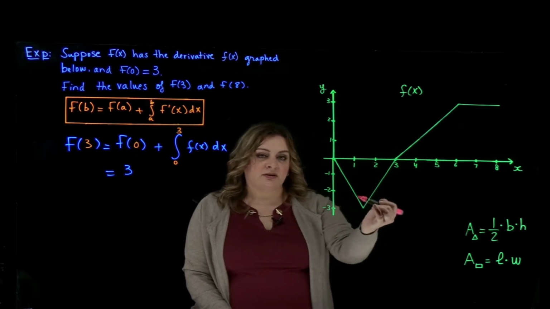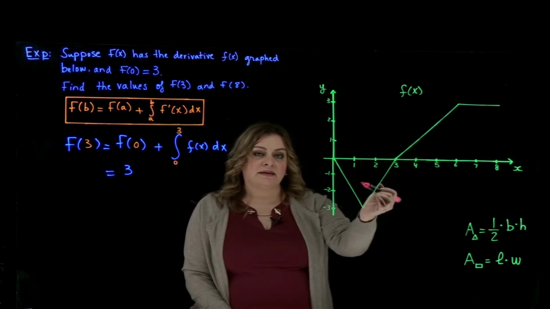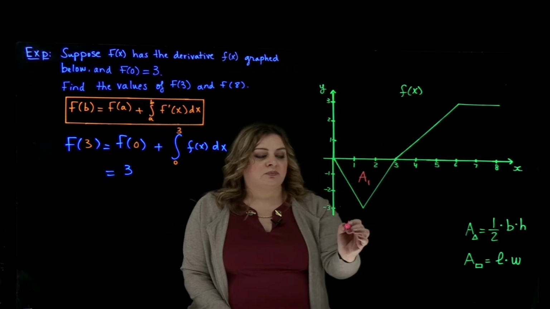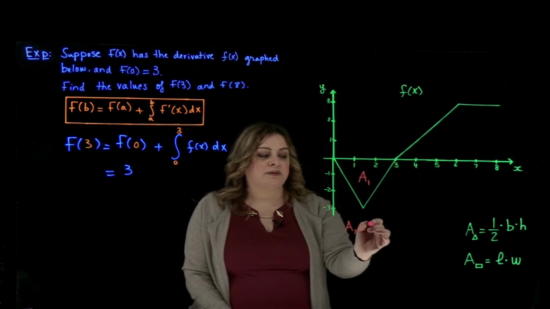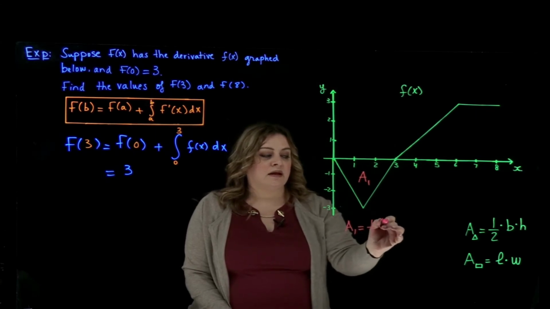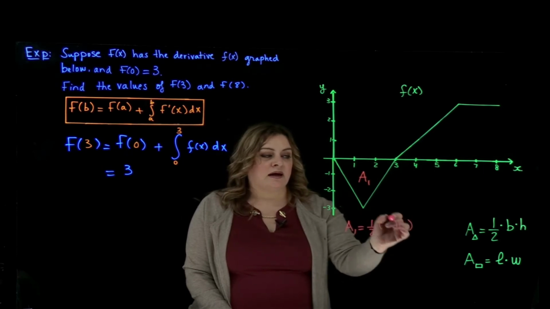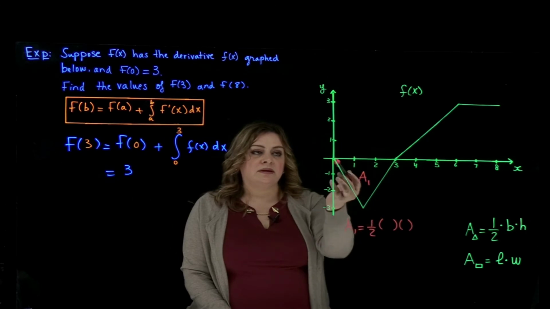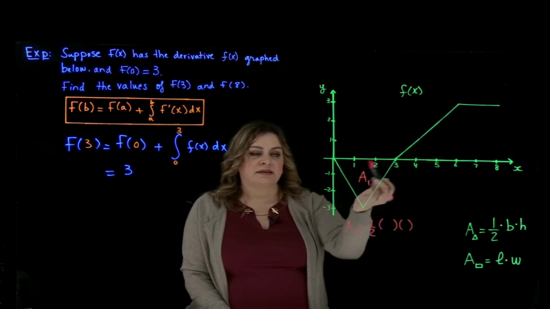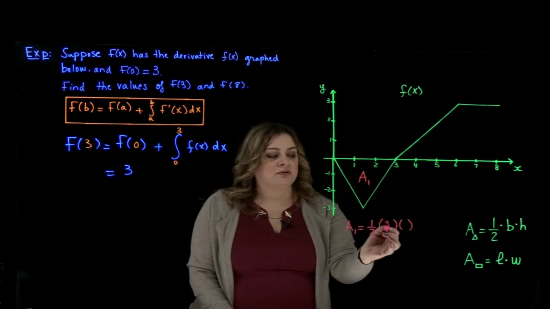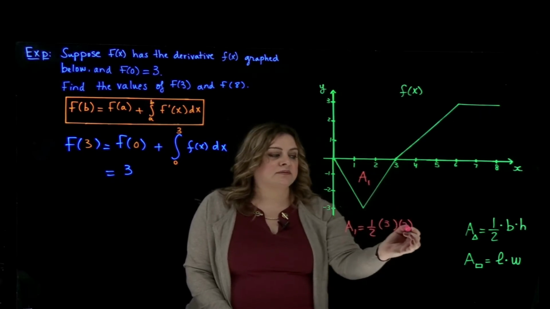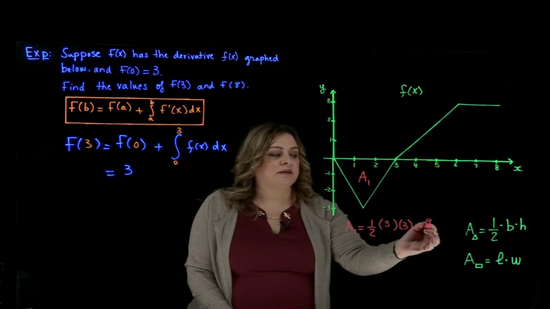I want to let this area be A sub 1. The base is from x equals 0 to x equals 3, which is 3 units. The height is also 3 units, and this is going to be 9/2.